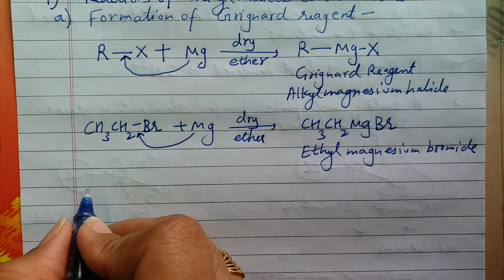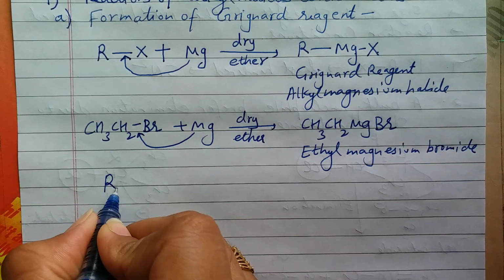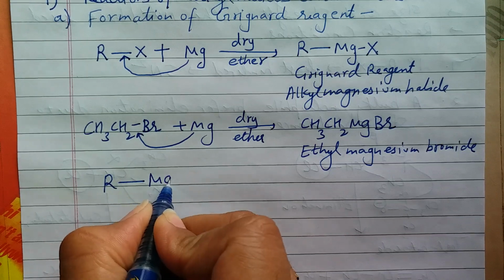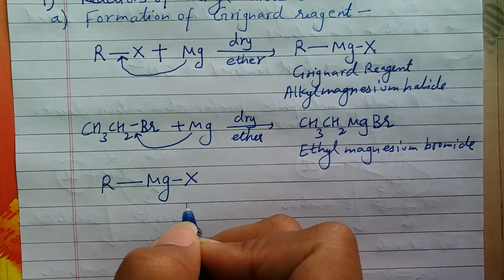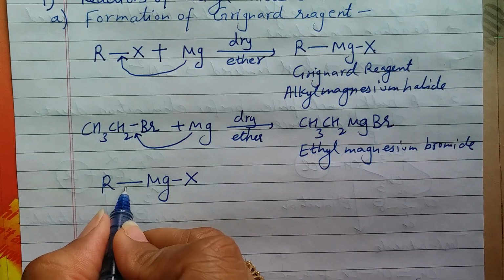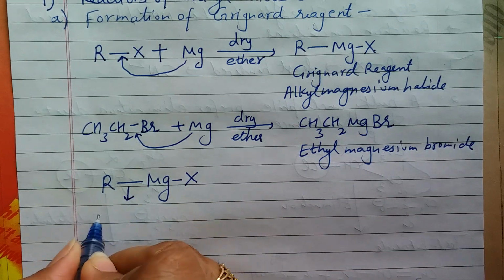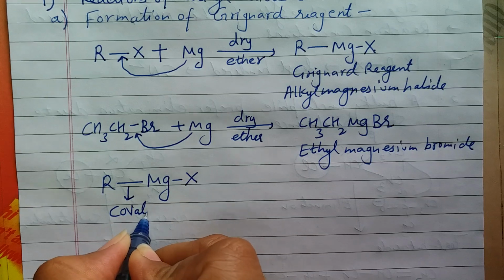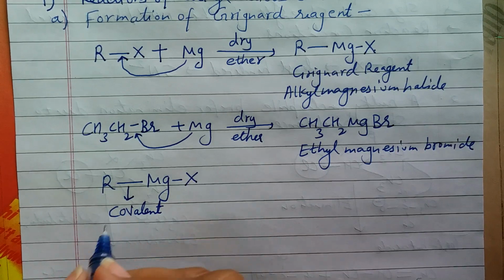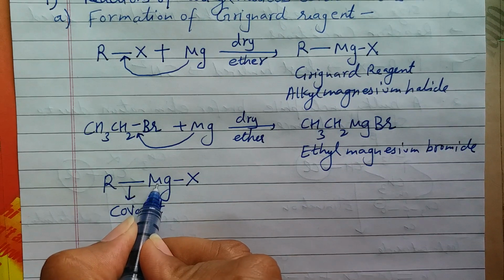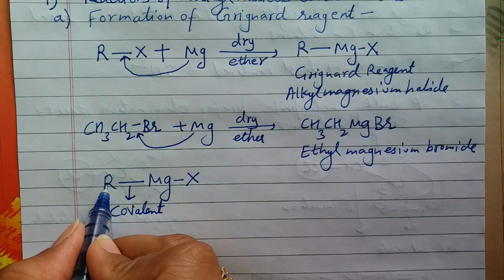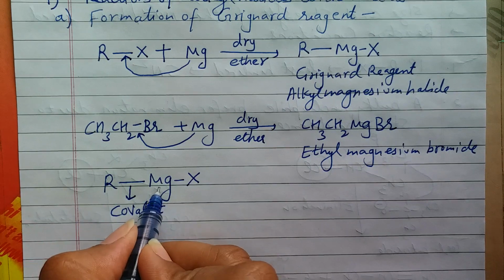Now another important thing about the Grignard's reagent is the bonding in it. When you see the Grignard reagent RMgX, the bond between the alkyl group and magnesium is a covalent bond, but certainly there is some polarity, because magnesium is a metal and R is a carbon atom. So carbon is more electronegative as compared to magnesium.